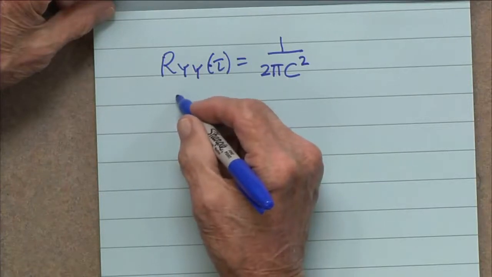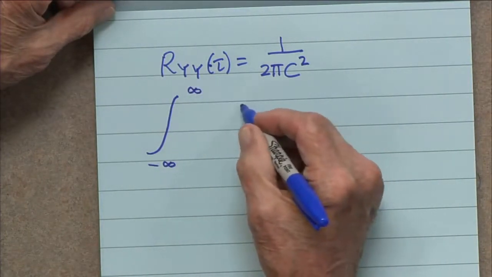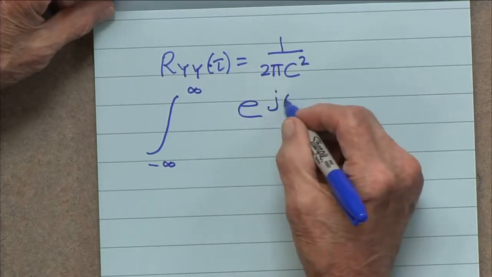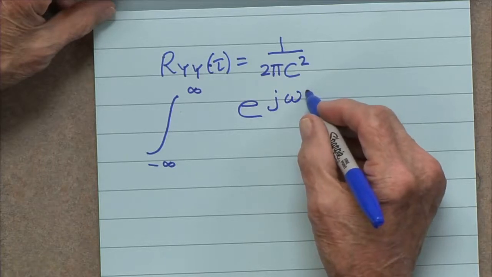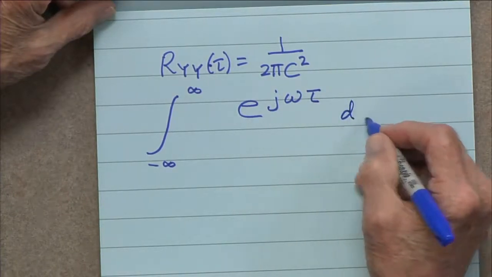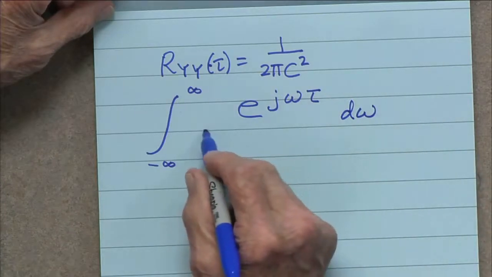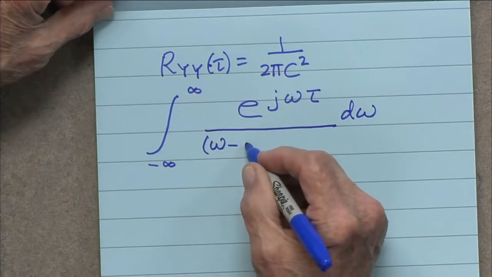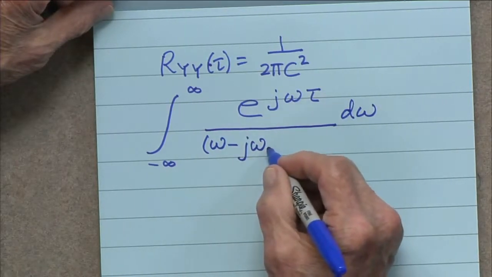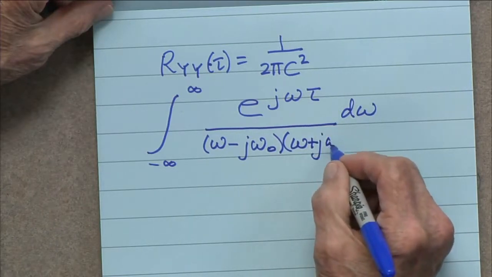Now we're going to do the integration from minus infinity of e to the j omega tau d omega over omega minus j omega 0 times omega plus j omega 0.